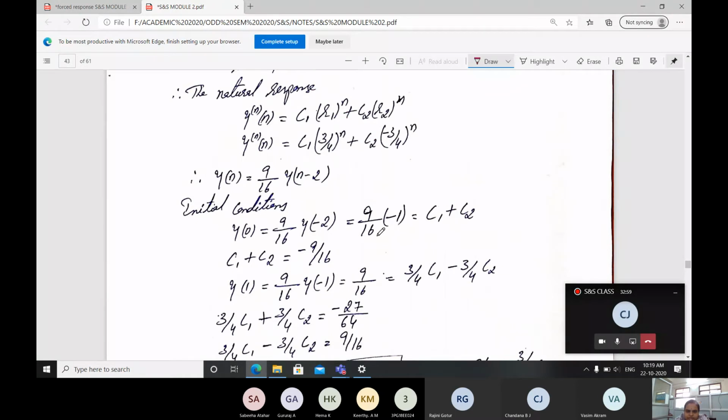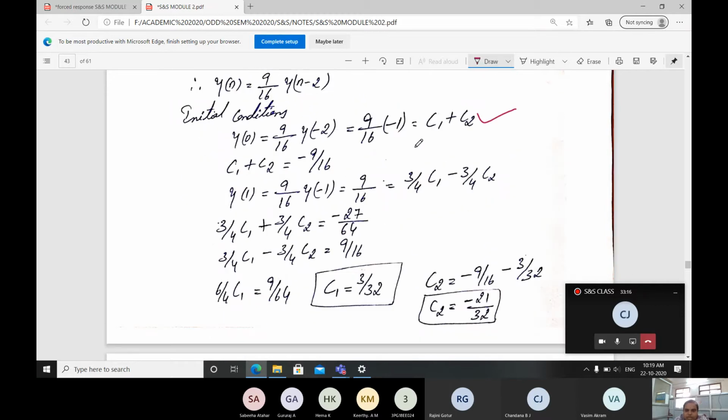9 divided by 16. What is the y of n signal in this equation? From this, with n equal to 0, any power 0 will be 1 only. Therefore, you get C1 plus C2, which is equal to minus 9 by 16.